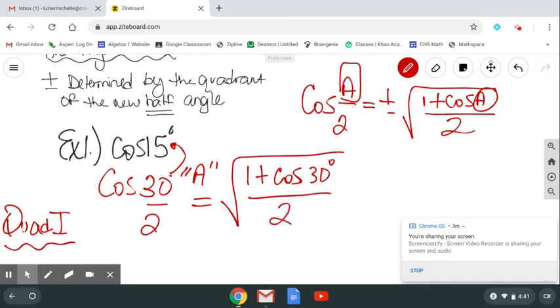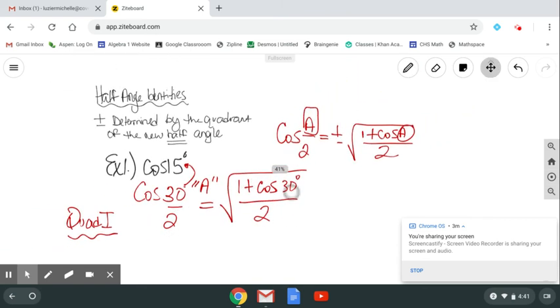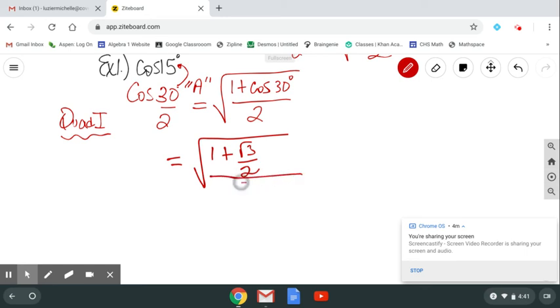So that's the first step, just setting it up, plugging in your A. Now we actually have to find the cosine of 30. So it's going to be the square root of 1 plus, use your triangles, the cosine of 30 is adjacent over hypotenuse, so the cosine of 30 is radical 3 over 2. And that whole thing is over 2.